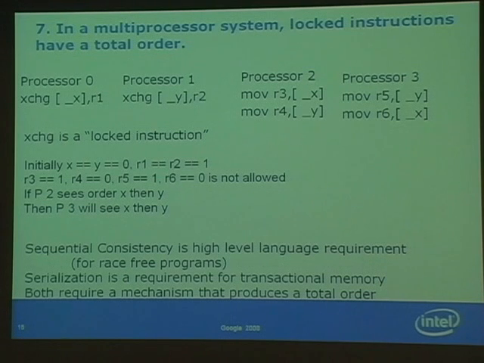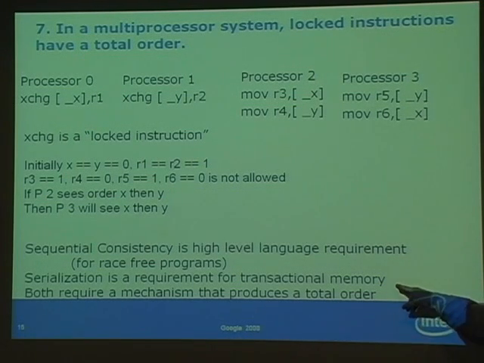The really strong reason is that sequential consistency is in fact a high-level language requirement. Java requires sequential consistency for some of its constructs, in particular their critical sections, their synchronized statements, as well as their volatiles.